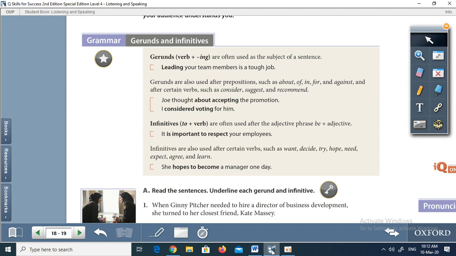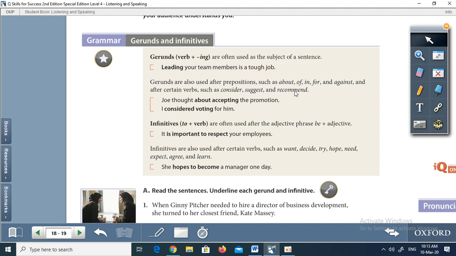If we go back again to our notes, we will see that it says, gerunds are also used after prepositions, such as about, of, in, for, and against, and after certain verbs, such as consider, suggest, and recommend.